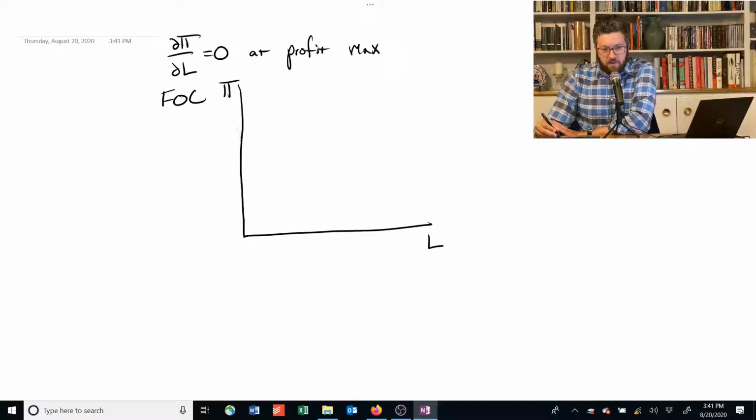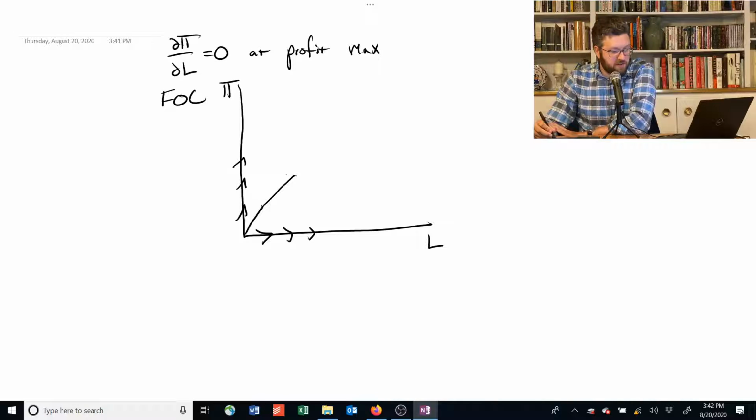If we have profit on the vertical axis, labor on the horizontal, if this derivative is positive, that means that if you increase labor, you're going to also increase profit, and so you're going to kind of go in this direction. All right? And as long as that's the case, you should just keep increasing labor, right? Because it'll increase your profit.